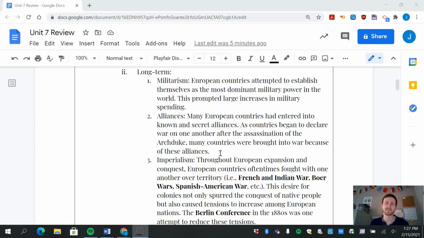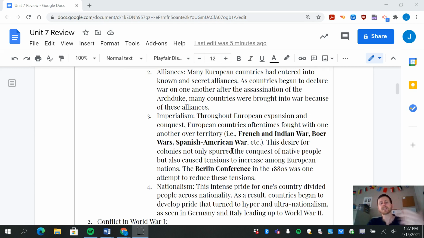And what starts to happen is that as European countries start declaring war on other countries, that's going to bring in all of these other countries that didn't really need to get involved, but they were obligated to because of either the known alliances or the secret alliances. And this is where we see this become a global war, not because it was a global issue, but rather all of these alliances brought everybody into the war and forced them to fight.